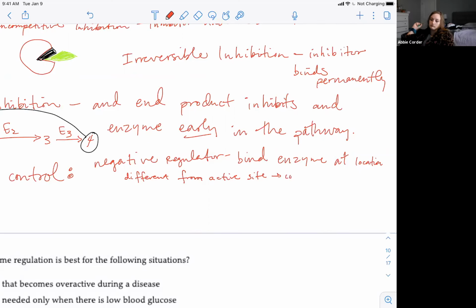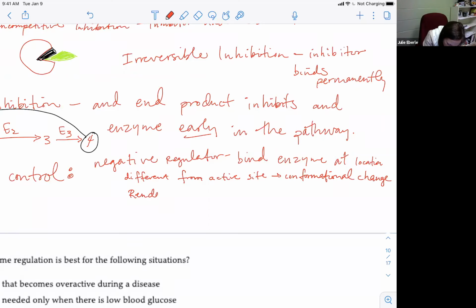This leads to a conformational change, rendering an active site that is no longer available.